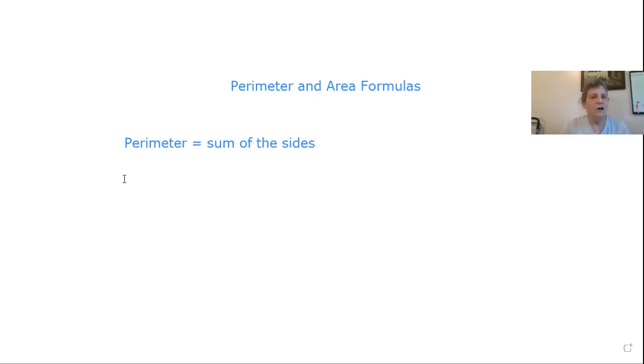The perimeter of any shape is nothing but the sum of all the sides. So if we have a triangle, of course, it has 3 sides. If all the sides are different, the perimeter is going to be A plus B plus C, the length of all 3 sides.